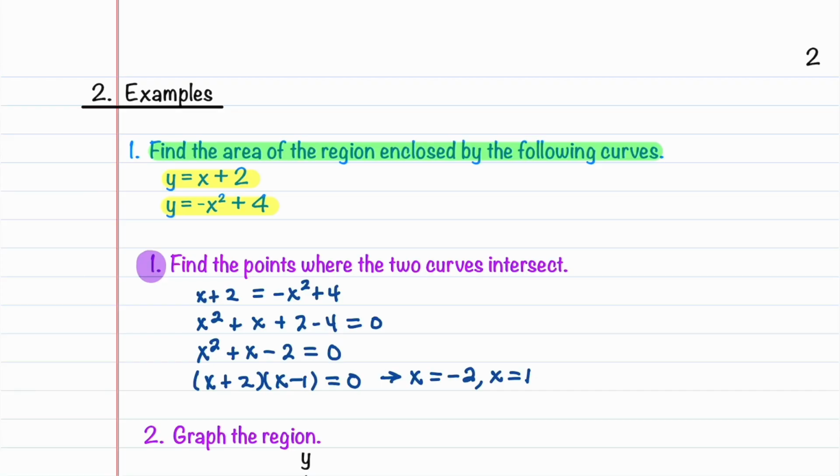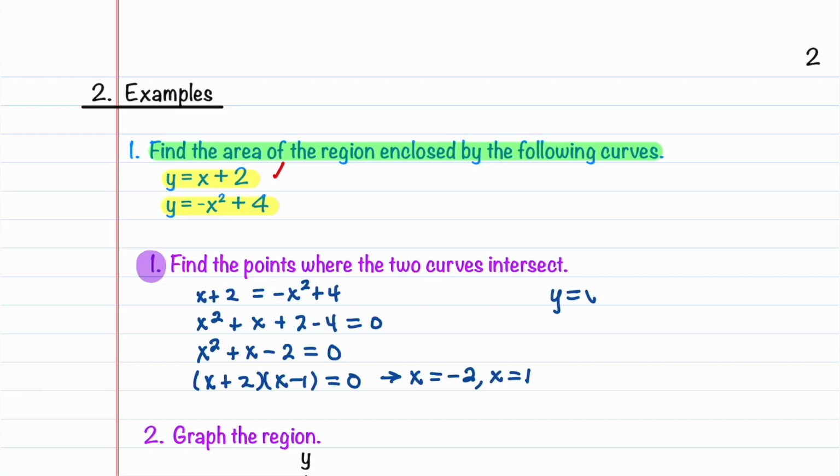Now what we need to do is find the y value of these points of intersection. To do this, we are going to look at the two curves that were given and use the easier one. That's going to be this one, y is equal to x plus 2. So let's write that up here.